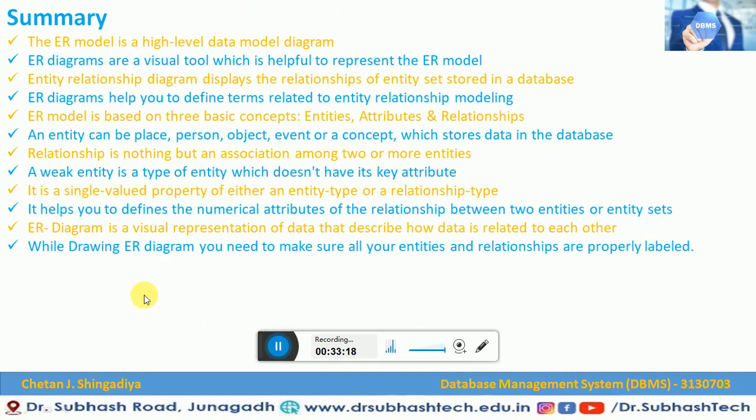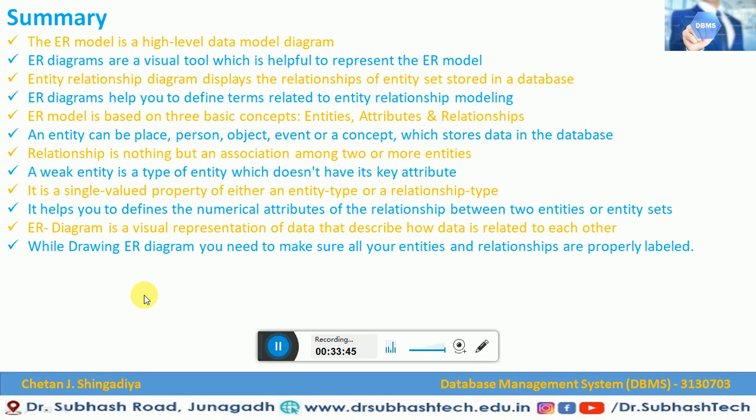Now let us see the summary of the topics that we have covered in this video lecture. We have covered the ER model, which is nothing but a high level data model diagram. ER diagrams are a usual tool which helps to represent the ER model. We also discussed the entity relationship diagram, which displays the relationship of entity sets stored in a database.